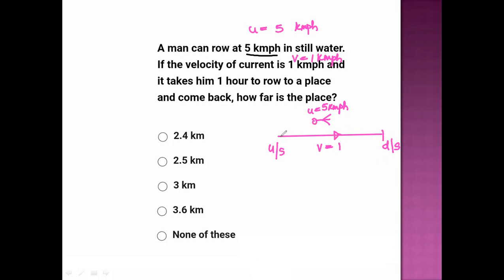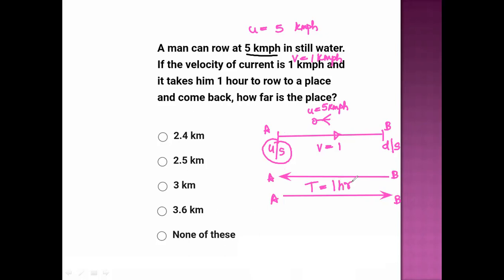Suppose this is point A and this is point B. The person is in the upstream, moving from A to B and again coming back from B to A. So the total time they have given will be equal to 1 hour.